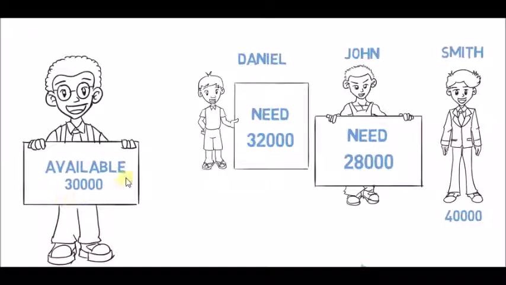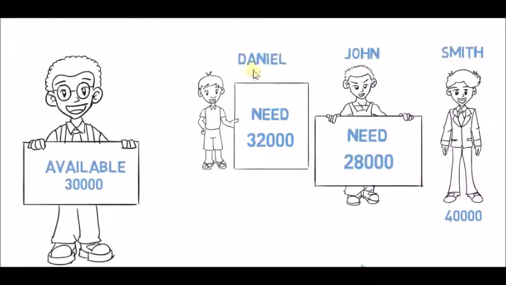So using this algorithm, we can provide a loan to all our customers. And here we must follow this sequence to provide a loan to all our customers. The sequence is John, Daniel, and Smith. If we provide loans to our customers in this sequence, then we can provide a loan to all of them.